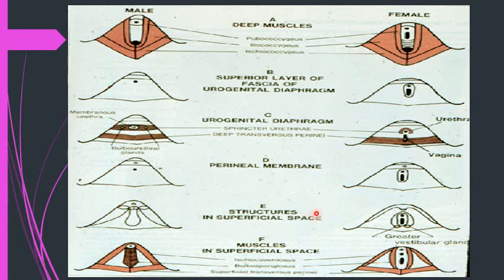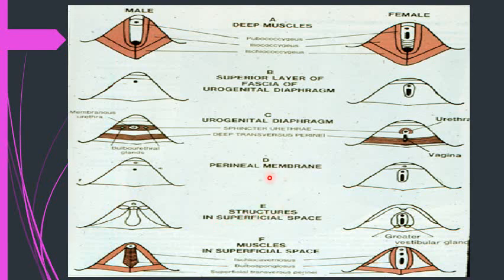Now to boost the concept of the perineal pouches, just have a look at this picture. If we start from below, which is the superficial-most aspect, and then after removing the Colles fascia, you can see the muscles and structures present in the superficial perineal pouch.